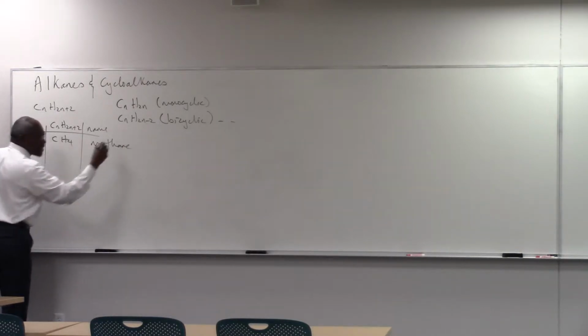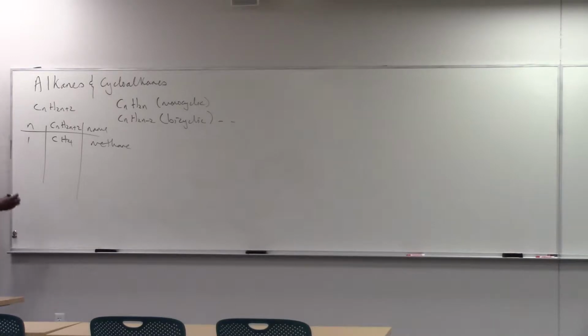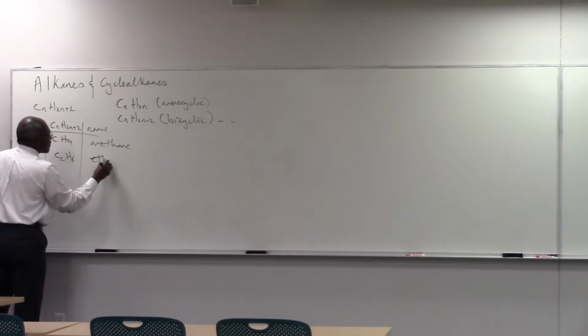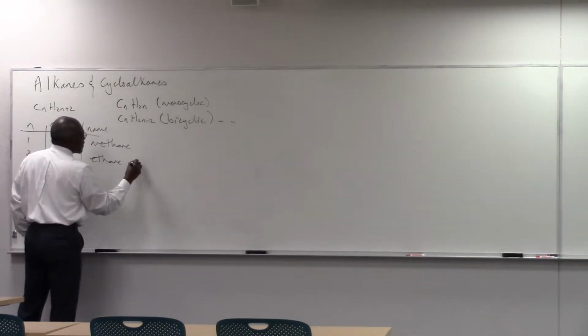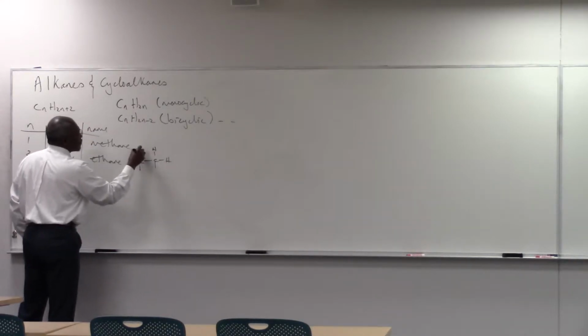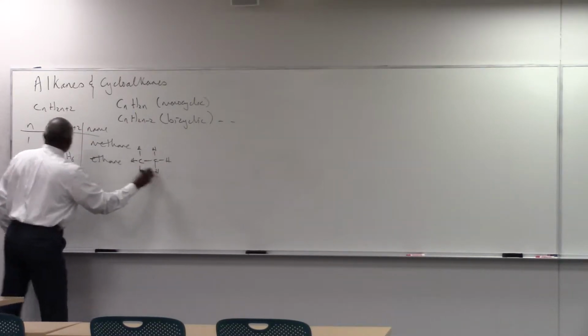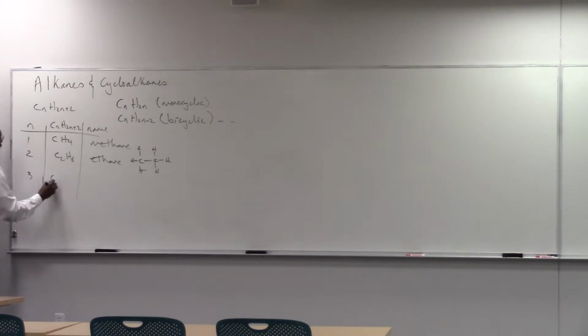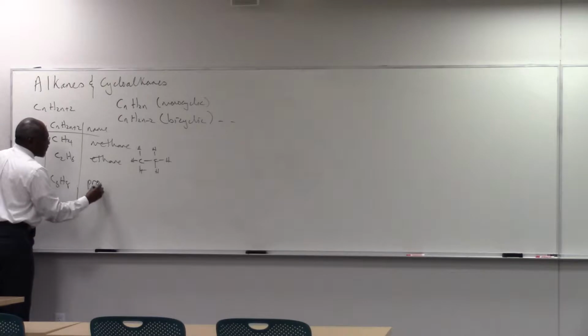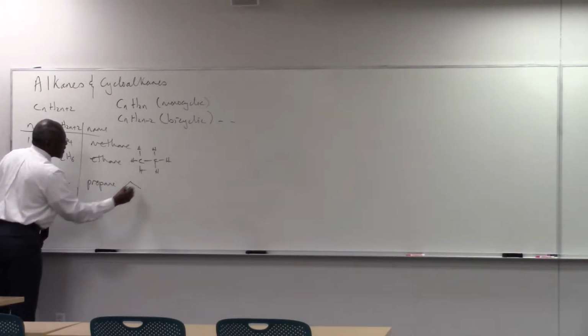And we covered this several lectures ago, so I won't spend much time on this. When n is 2, that becomes C2H6, and that is ethane, which is CH3CH3. And when n is 3, then we've got C3H8, and then we're into propane, which I can draw like that.